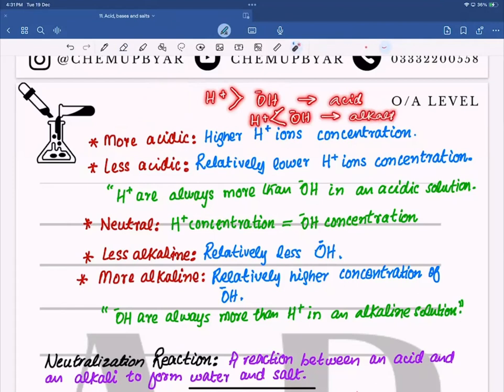What if the solution has the same hydrogen ion concentration and hydroxide ion concentration? Then it is neutral. Basically, when we talk about water, if water is pure, then it is always neutral.